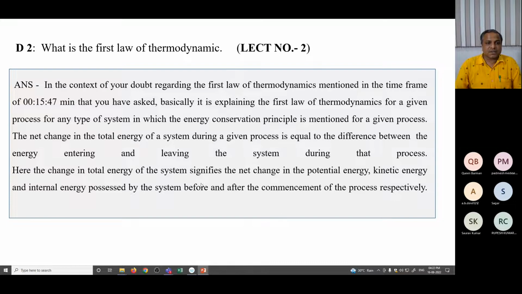The next question raised was: what is the first law of thermodynamics? You will find these definitions in every basic thermodynamics book, and I don't have to explain further. Since it is an applied thermodynamics course, you might know the concepts of basic thermodynamics at UG level.